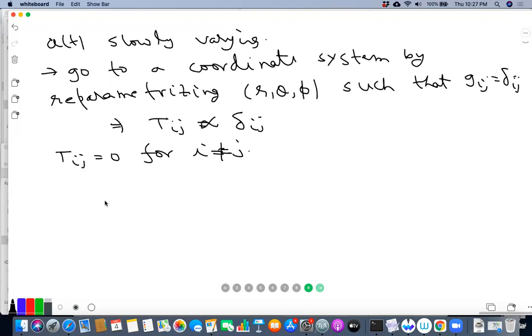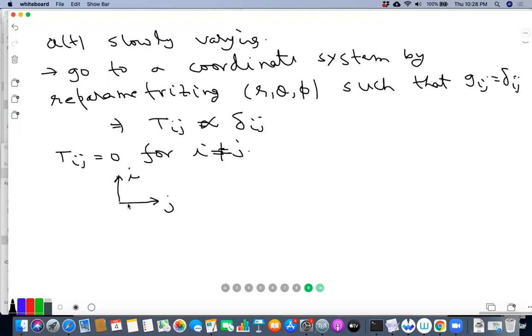What this is saying is that if this is our j direction and this is our i direction, with i not equal to j, then on the average the particles that flow from left to right carry no net pi, and the particles which flow from right to left also carry no net pi. And that's the reason why the flux of pi is 0. This is of course what we expect if the momenta are uncorrelated.